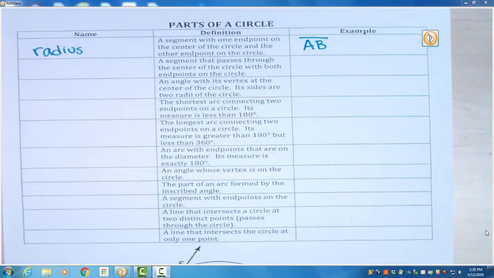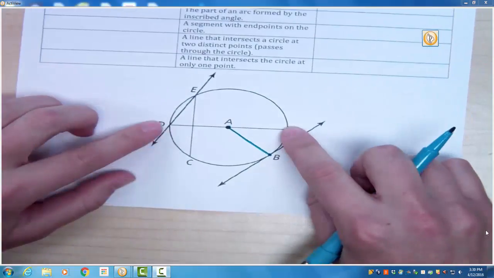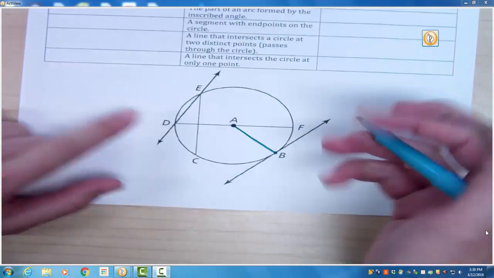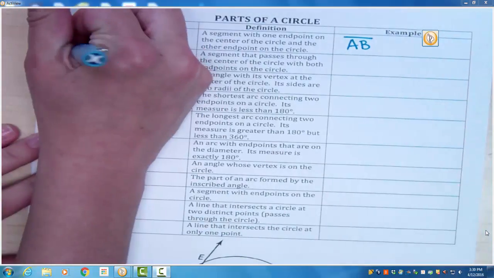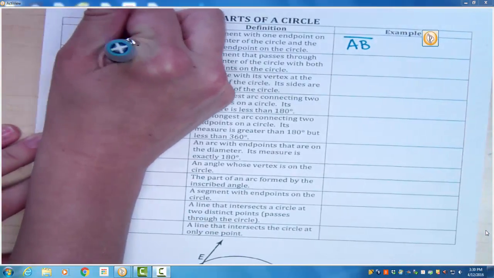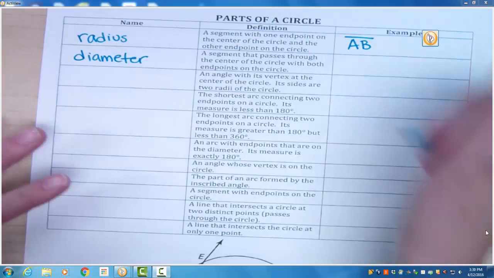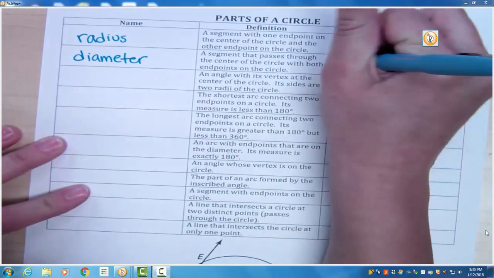And a radius just goes from the center of a circle to one point on the circle. Now the next one, we have a segment that passes through the center of the circle with both endpoints on the circle. We know that this one's called the diameter. You've known all of these for a long time. And that one is segment DF.